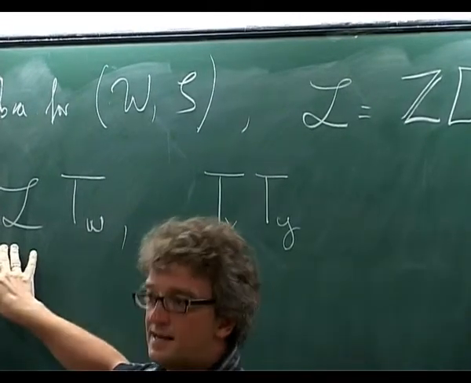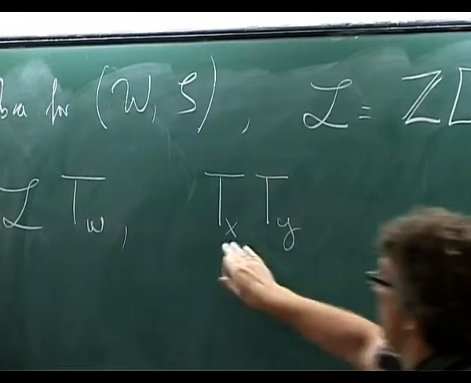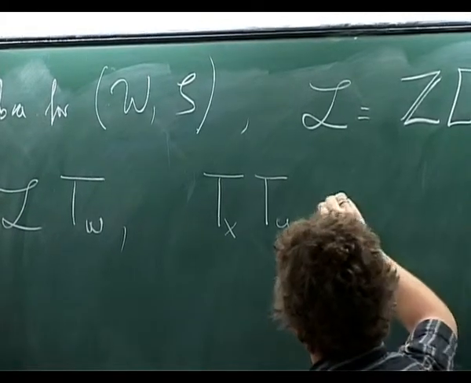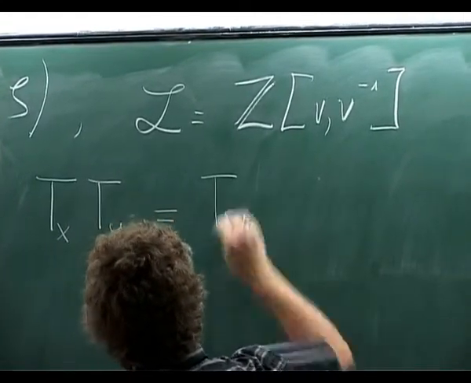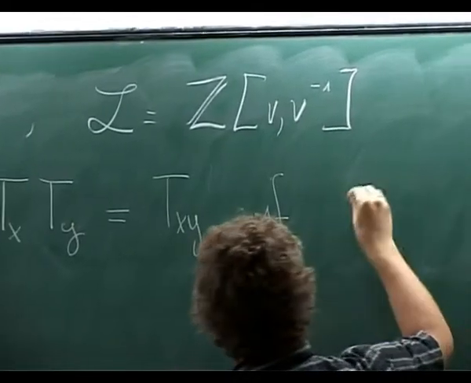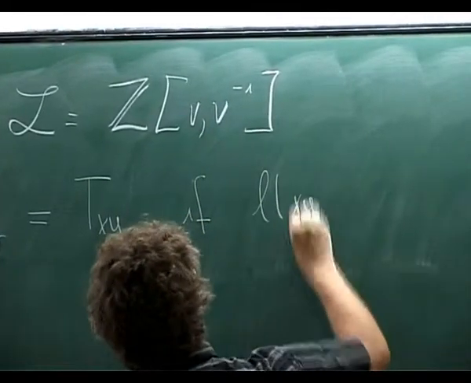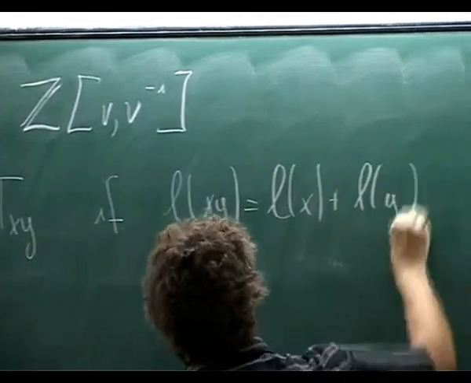It will be an L-algebra, so the multiplication should be L-bilinear. So I only have to say what the product is, and this is T_xy. Well, so far so boring. Only under the condition that the length of xy equals the length of x plus the length of y.